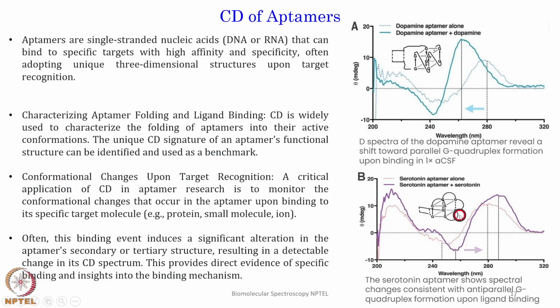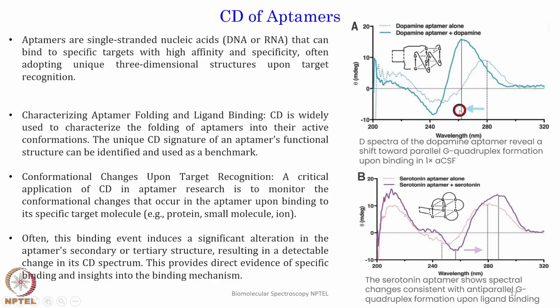CD can be used for monitoring aptamers. Here is the serotonin aptamer alone and the serotonin aptamer plus serotonin; when it binds to serotonin you have this kind of structural change. That is what is important: you make an aptamer and you can show whether it has bound to the specific ligand you designed it for or not, just by looking at the different signatures that one can have.